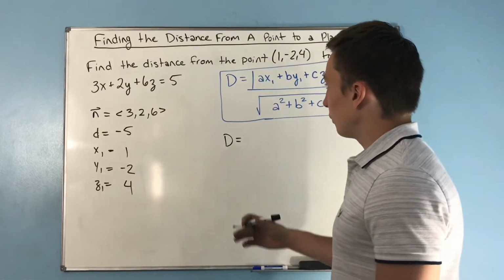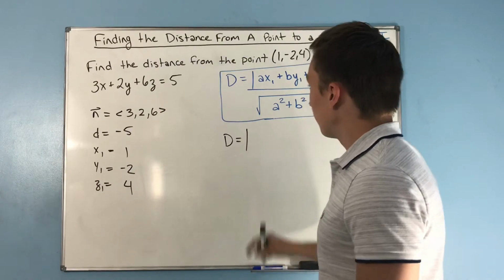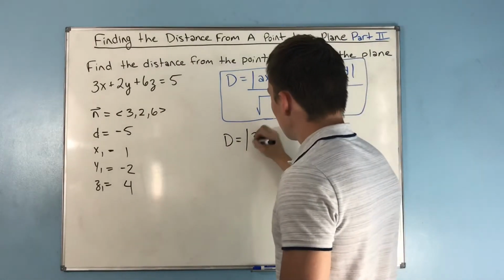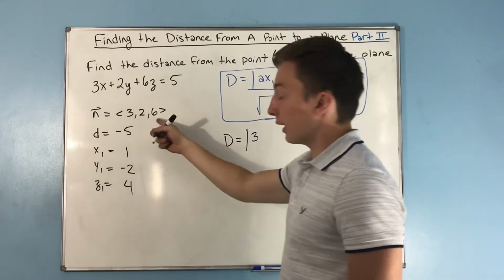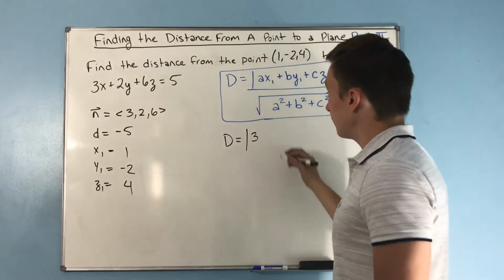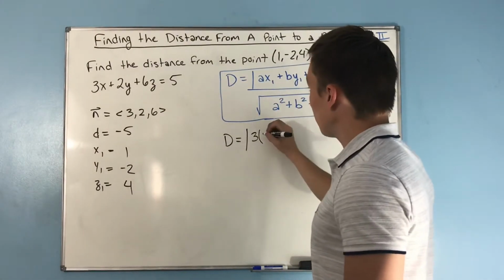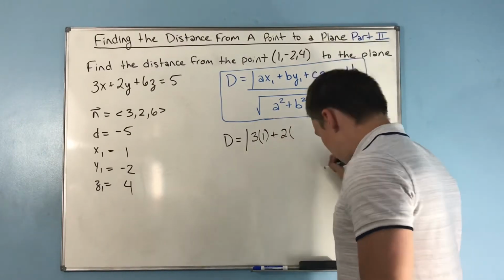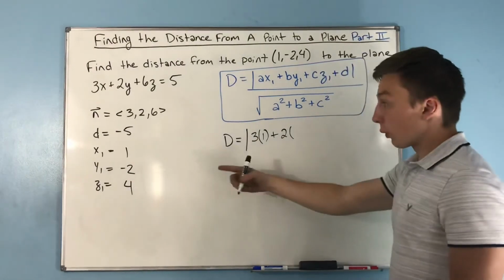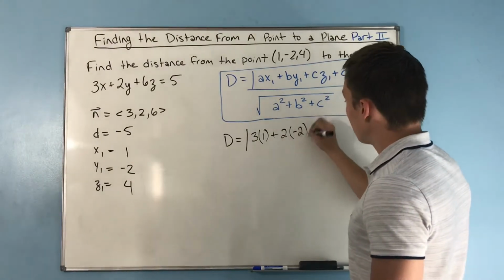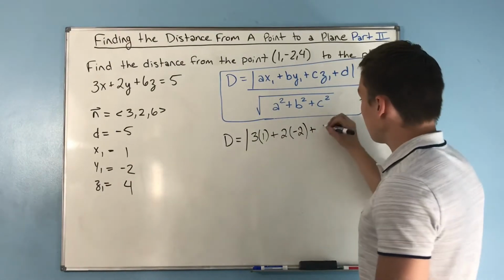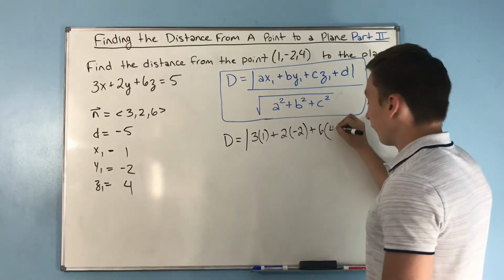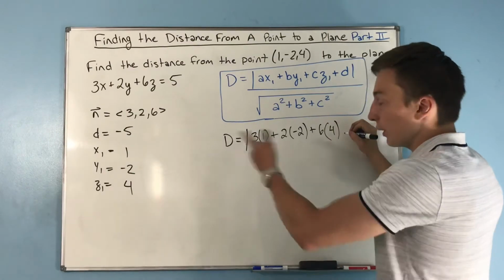So you're going to have the absolute value of a, which we know to be 3, because your normal vector is a, b, c. So you get 3 times x1, which is 1, plus b, which is 2, times your y1, which is -2, plus c, which is 6, times your z1, which is 4, and then plus d, which is -5.